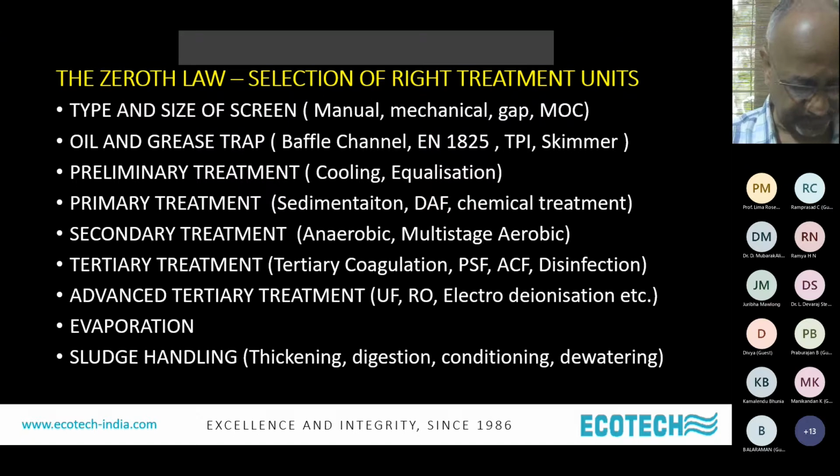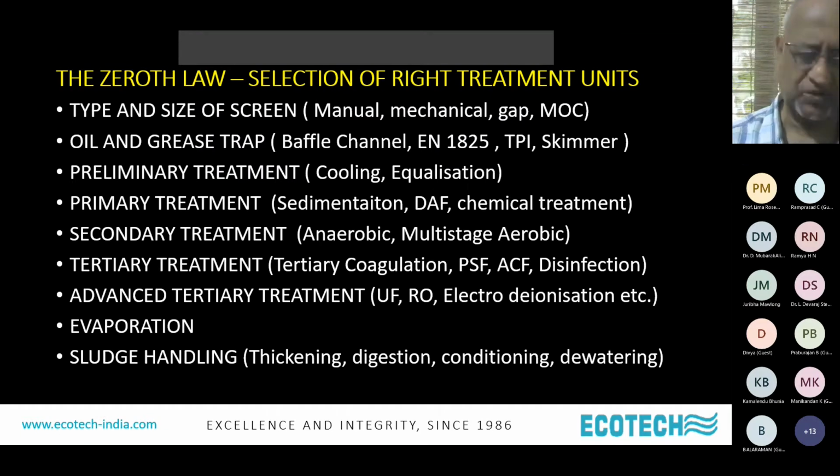Then comes whether you need to have a preliminary treatment, even cooling, for instance. We designed a plant in Raipur. This was for a dyeing, yarn dyeing unit. Yarn dyeing is done in batch process in vats, big vats. And the yarn dyeing is carried out at very high temperatures of 80, 85 degrees centigrade. At the end of the dyeing process, the vat is discharged.